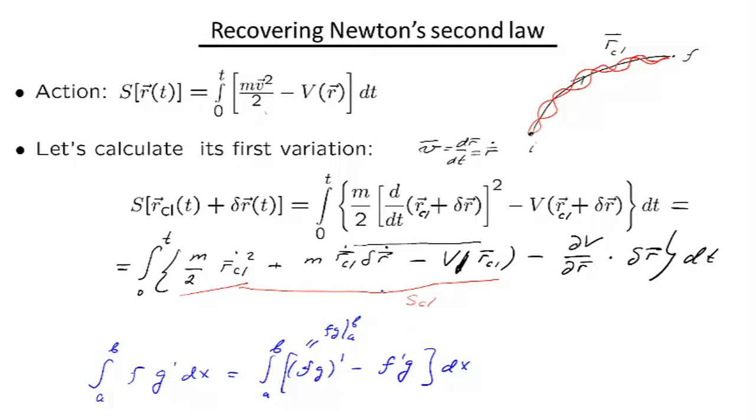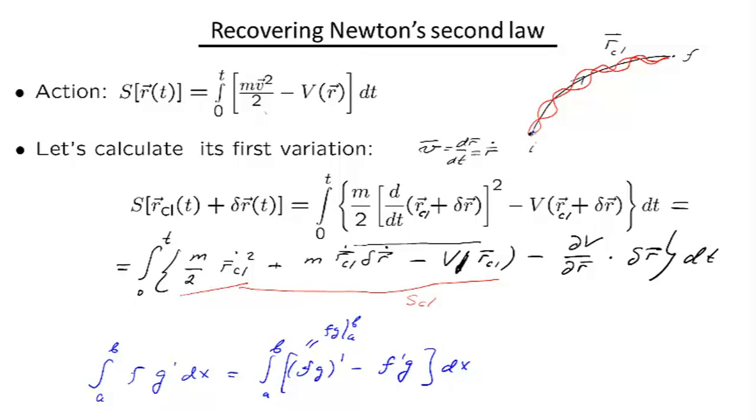Now in our case, the role of the function g is played by this dr dot, and the role of the function f is played by this m r dot. So we want to move the derivative over time from here to here. But in this full derivative term, if we calculate the values of this function dr at the endpoints, at time 0 and at time t, they correspond to the endpoints of this trajectory.